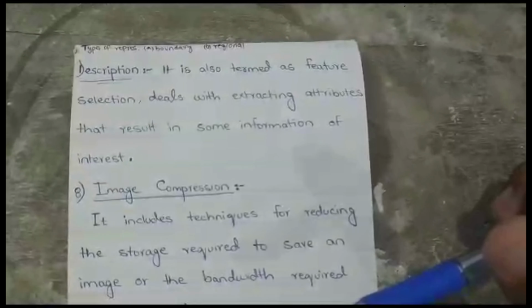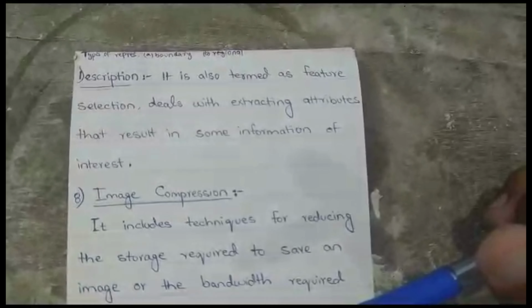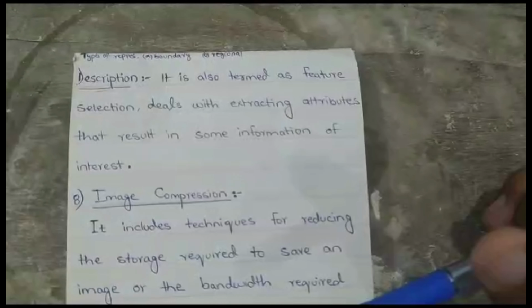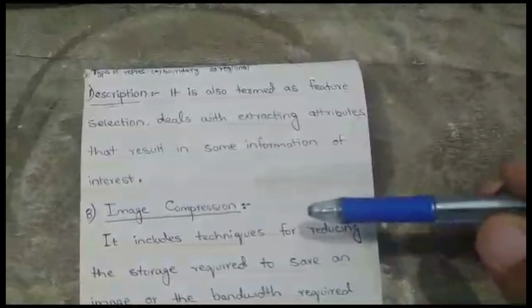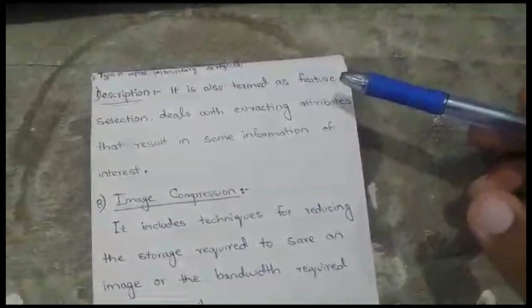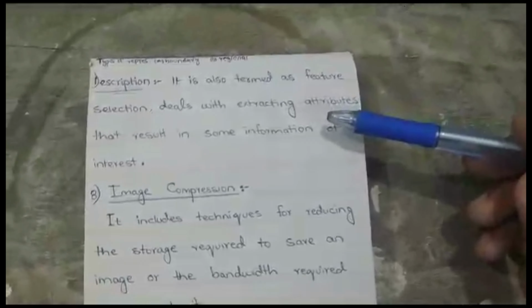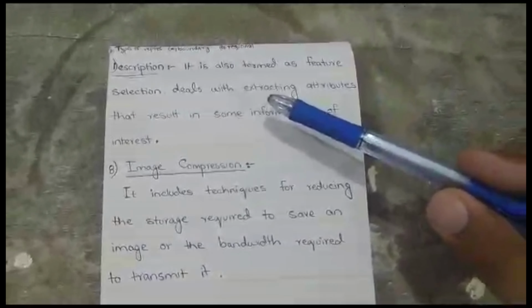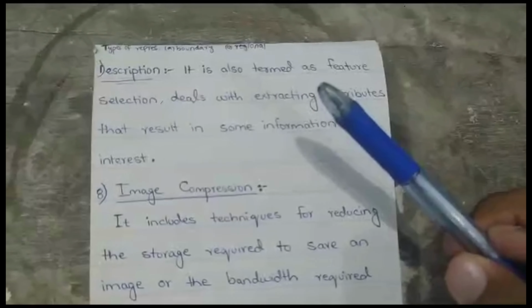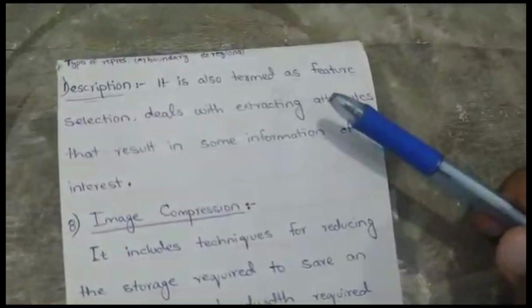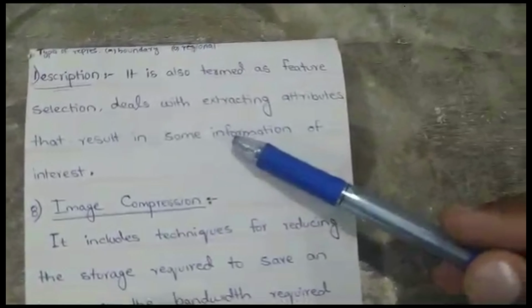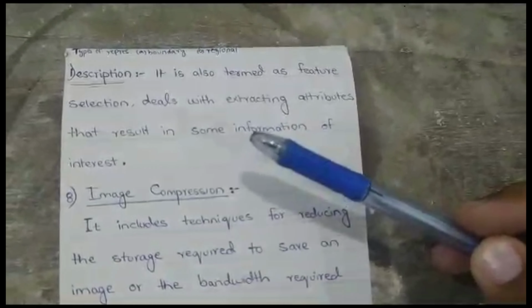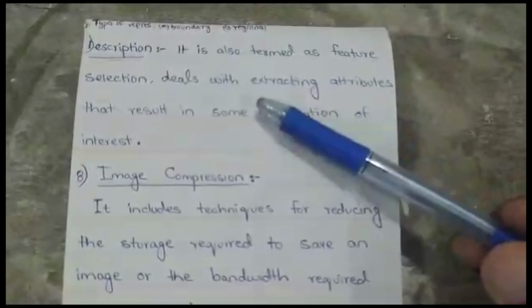In the representation part, we joined the divided parts of the image, and in description we select features of the image.